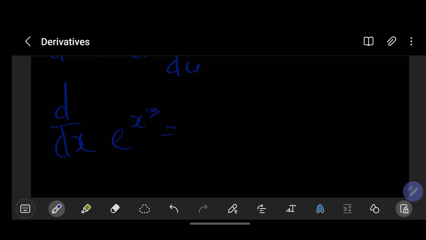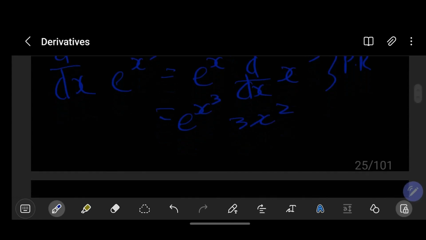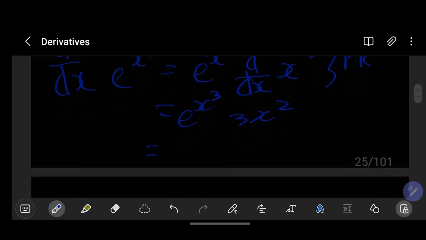As we say, this will be e to the x cubed, then we need to find d/dx of x cubed. We can use the power rule here, so that's now 3x squared. So we can rewrite that as 3x squared e raised to the x cubed.